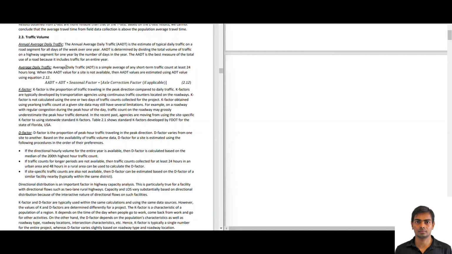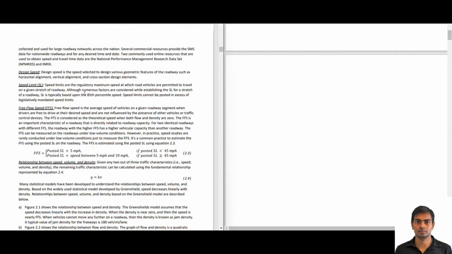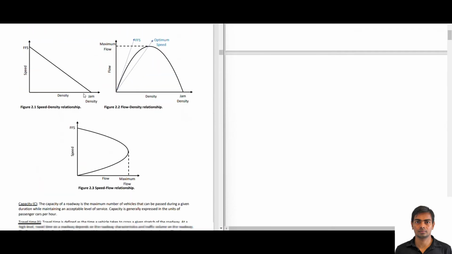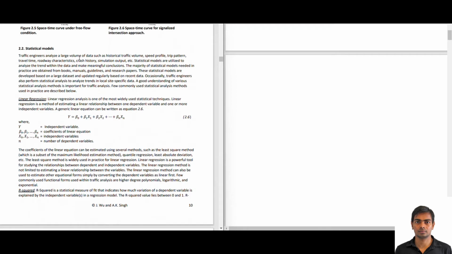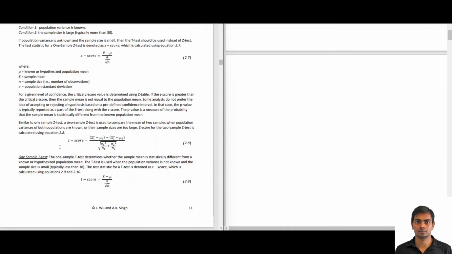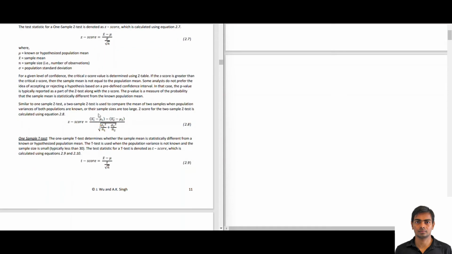So before starting this part, so far we have discussed traffic flow theory concepts, speed, volume, density, different relationships, space-time graph. Then we looked into statistical model, linear regression, R-square, Z-test, T-test, and then GEH statistics, and then we went through some numerical examples on how these statistical models are built and used.